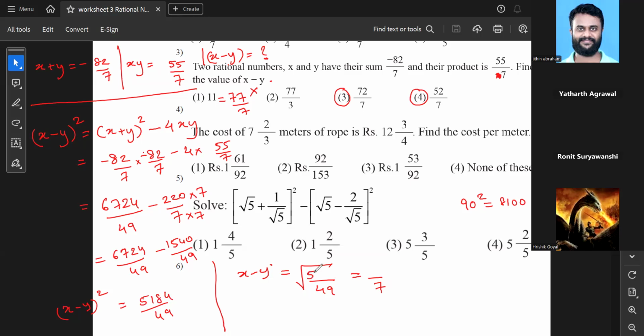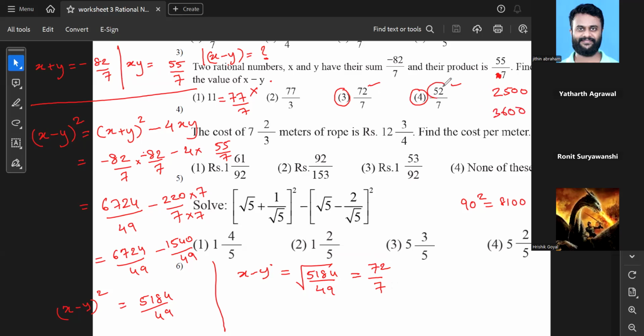The square root of 5184 is 72. Now, how to identify whether 72 is the correct answer? Looking at the options, I understand that either 72 or maybe 52 is the correct answer. Now, 52 squared is just greater than 2500, because 50 square is 2500 and 60 square is 3600.